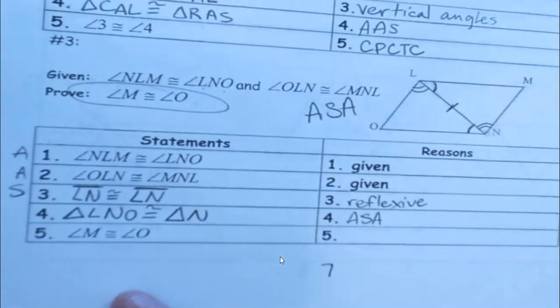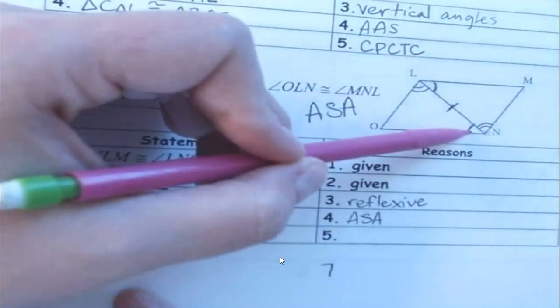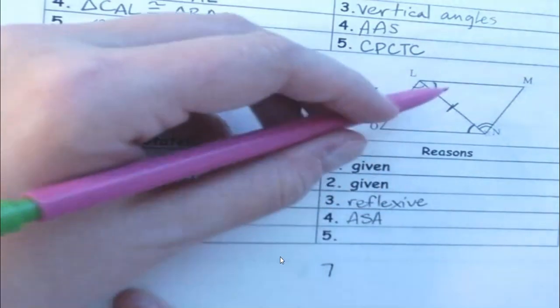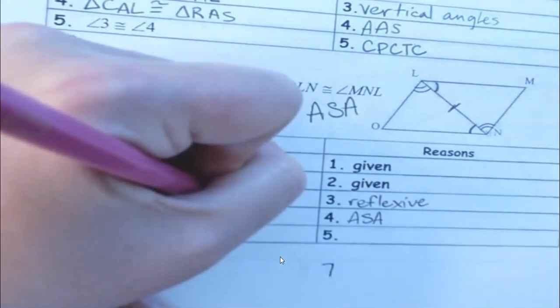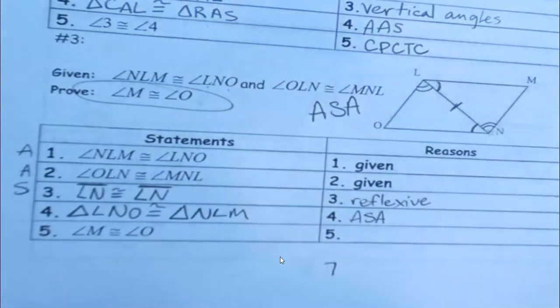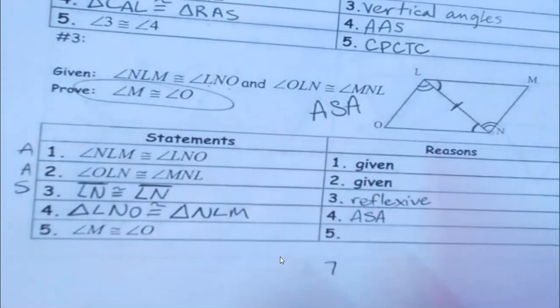And then N matches L on the top triangle. And then M. So LNO, NLM. And why is that congruent? Because of angle, side, angle.